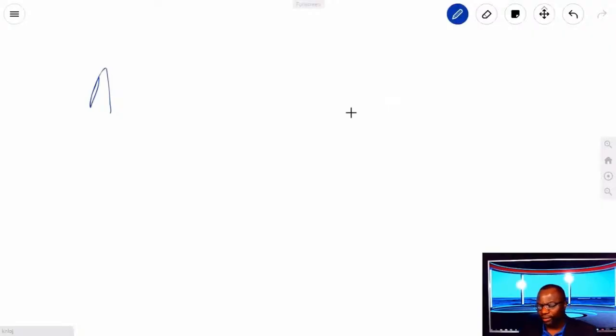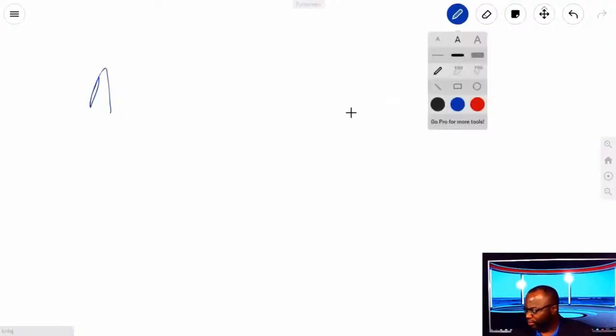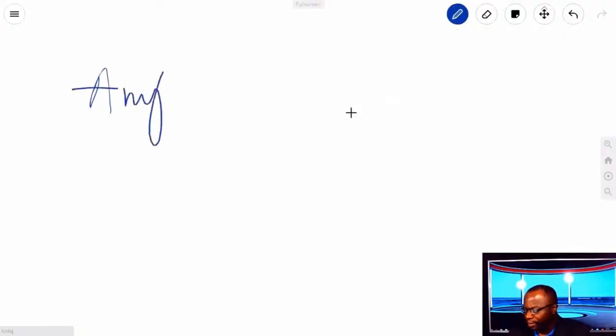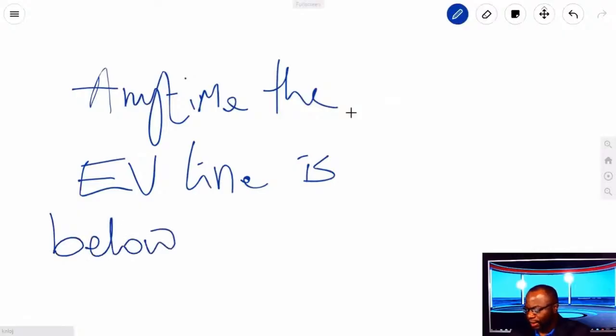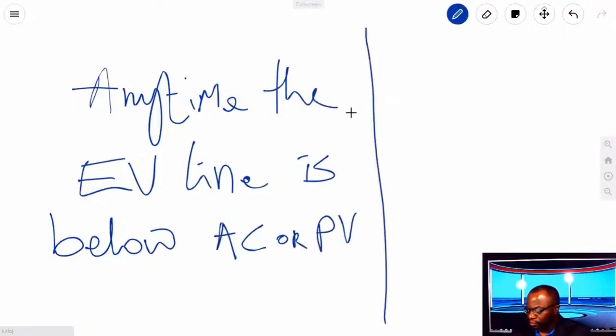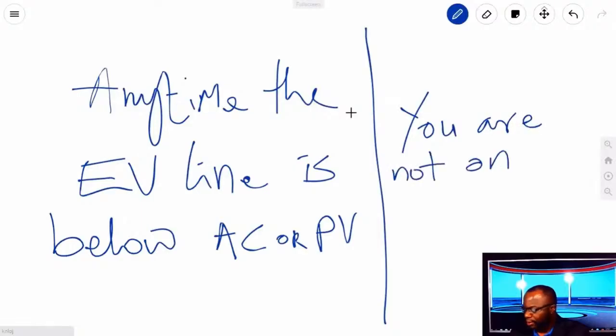So, this is what I was saying before I was rudely interrupted by Pimpy. I'm going to give you guys some overarching concepts to help you, okay? Anytime the earned value line is below AC or PV, you are not on target.